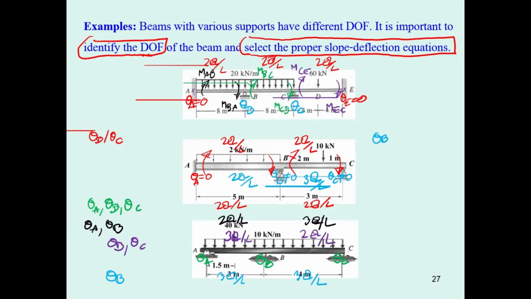Okay, no question, right? You have to select the proper set of equations. The easiest one is going to be the first one, and for the last one you have many more choices to select the proper set of slope deflection equations. You get me, right?